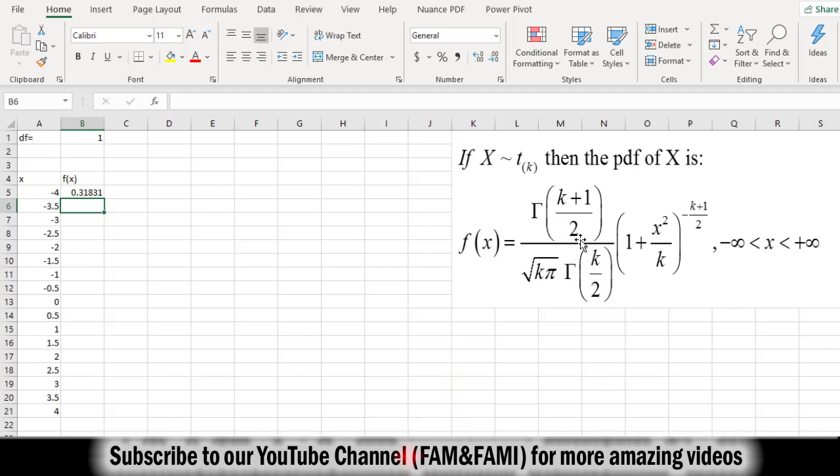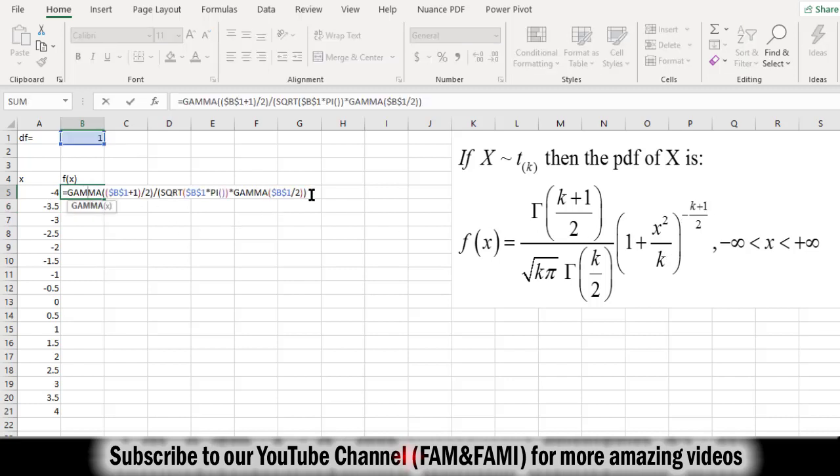So multiply this expression with 1 plus x square over k raised to power minus (k plus 1) over 2. So go to here, put an asterisk sign for multiplication and then 1 plus x square. X is located in A5. There is no need to put the dollar sign because when you will copy this command downward, A5 will change to A6.